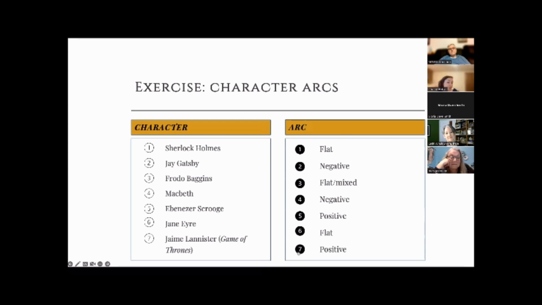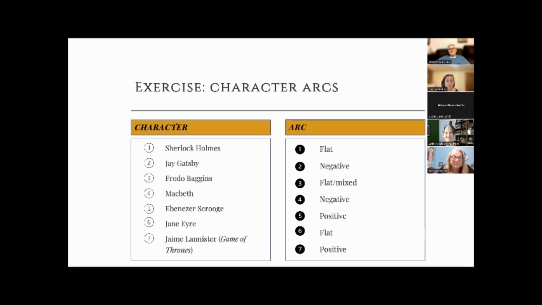And then Jaime Lannister, I said positive because in the books, at least, Jaime Lannister also has a fantastic redemption arc. And I know that the show maybe did him wrong, but he's got one of the best redemption arcs in books that I have read. And Shan also says, I think Flashman is another flat character arc. And yes, the show did him so wrong.